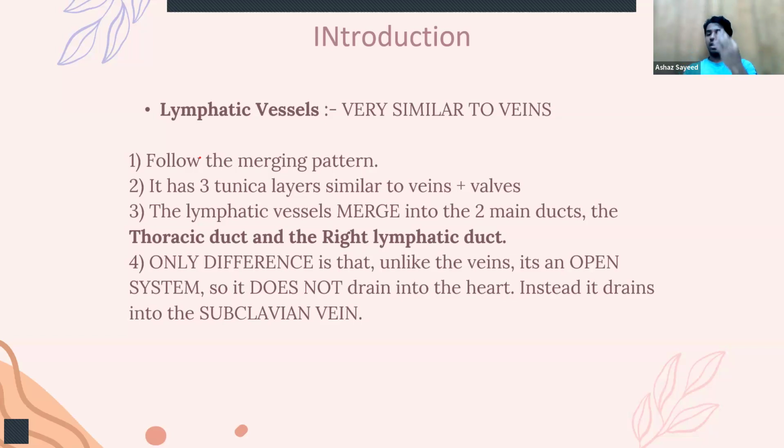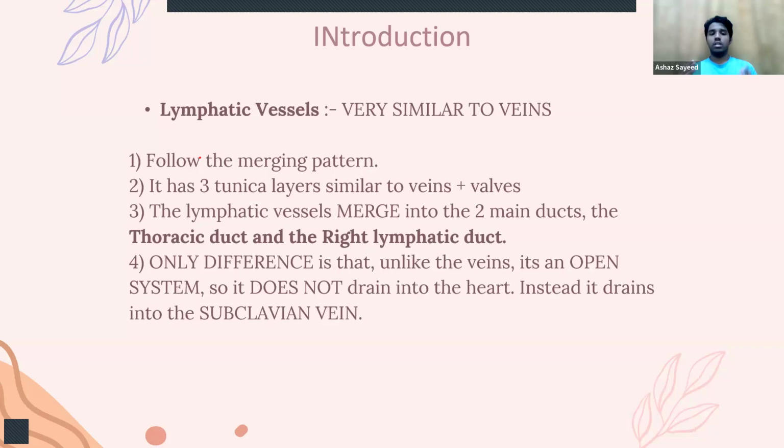They too have three layers. They also have a thin tunica media and they also have valves. They follow the merging pattern just like veins. The lymphatic vessels merge just like the veins.